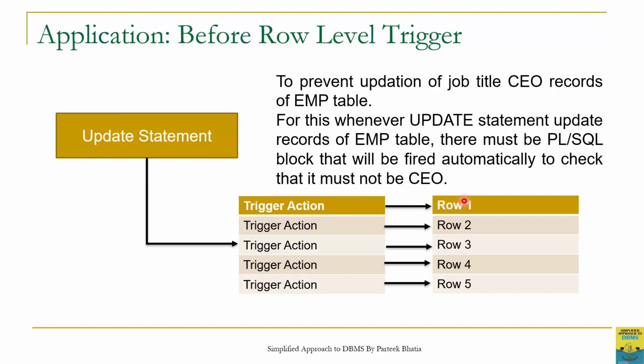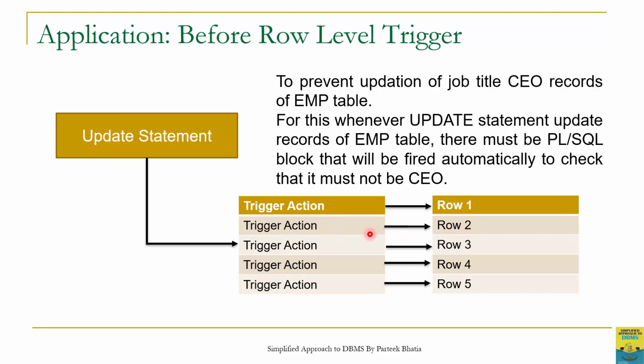So if we are updating 5 rows of the table, we have to check the job title every time for every row updation. Let us suppose row 1 of employee table belongs to job title manager. This trigger will check the job title. This time the job title is manager, which is not CEO. So updation will be allowed on the record. So row 1 will be updated. Let's suppose row 2 belongs to job title CEO.